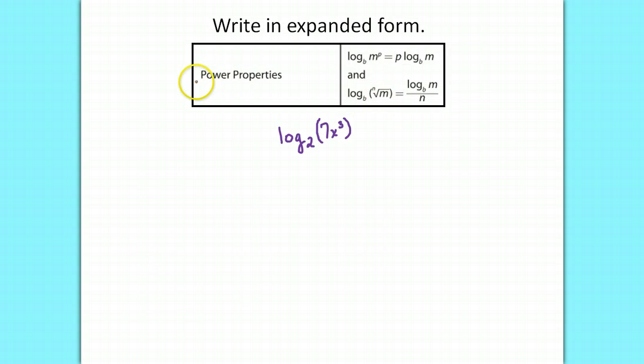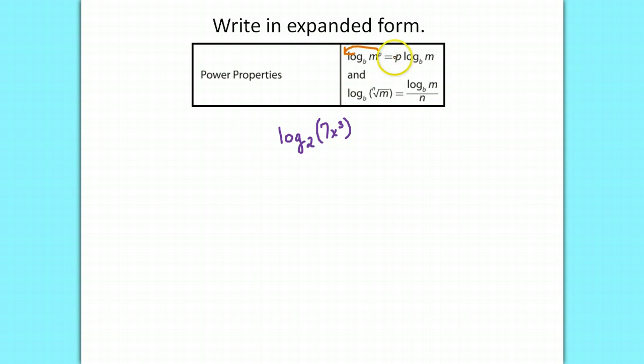Okay, so on this slide we have a couple more properties. These are the power properties. And if you have a logarithm where you have a term inside that has an exponent, so in other words, there's an exponent inside of the logarithm, what happens is this exponent, this little p, comes out in front of the log.